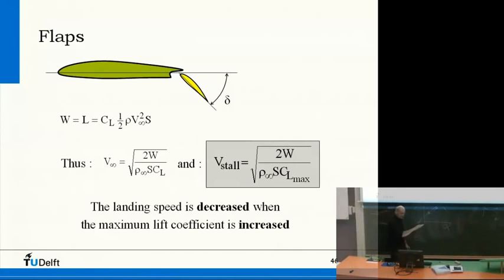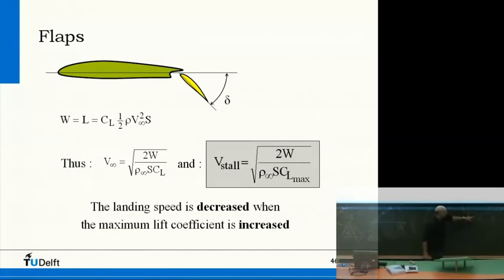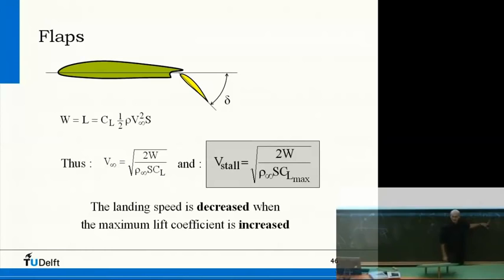So you just do like this with your wing, and then you go up here. So the CL increases, and then you can lower V.